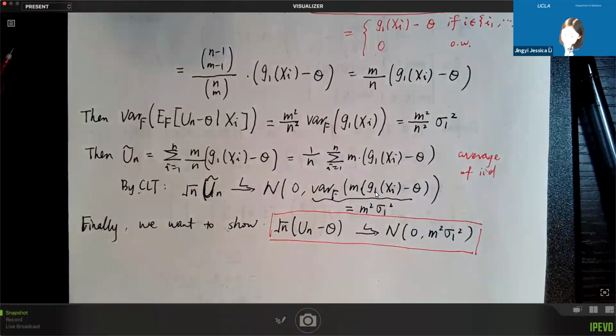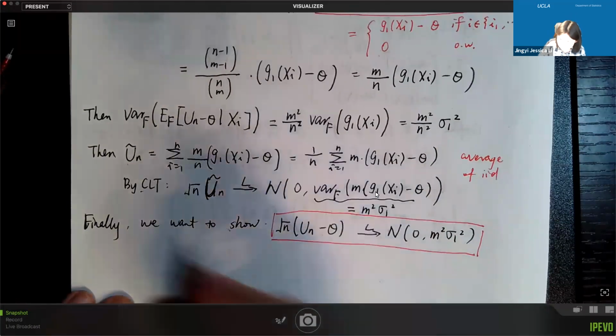And how do we do it? We're going to apply Slutsky's theorem. If you recall, in Slutsky's theorem, if we have two random variable sequences, and their difference converges to 0 in probability, then those two random variable sequences will converge to the same distribution. That's it.